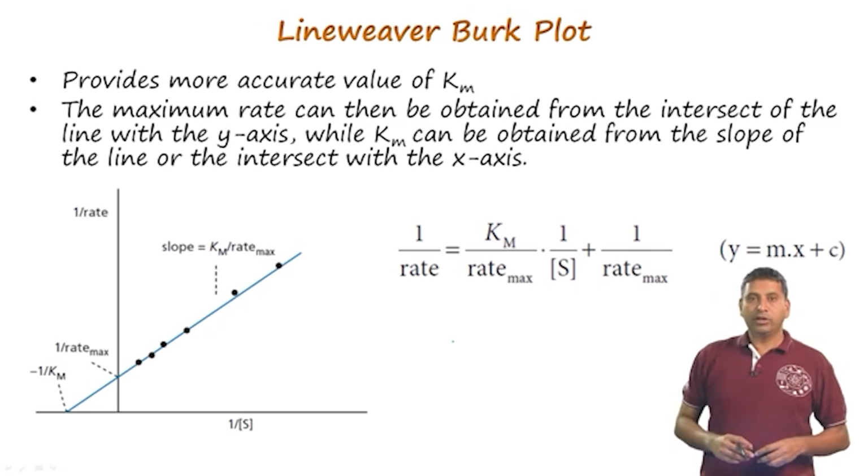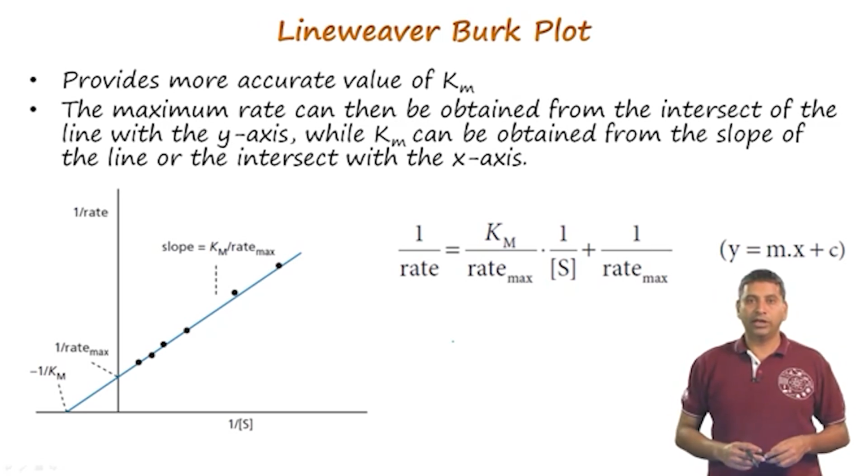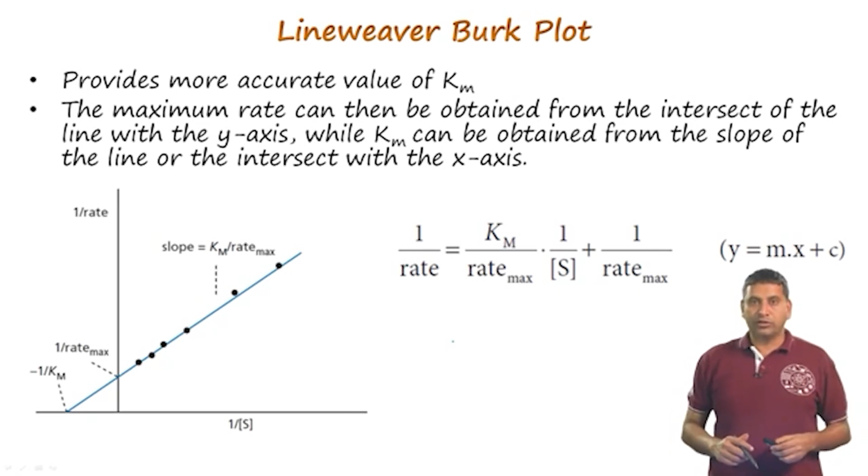A very important and convenient way of looking at enzyme kinetics is to use the Lineweaver-Burk plot. Okay. So, this plot actually provides a more accurate value of the Michaelis constant Km. The maximum rate can then be obtained from the intercept of this line. So, now let us look at what this equation is.